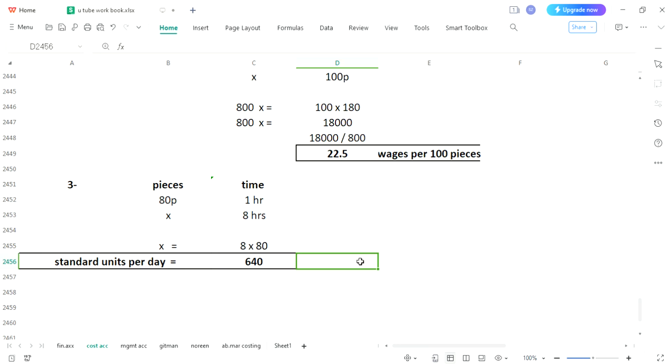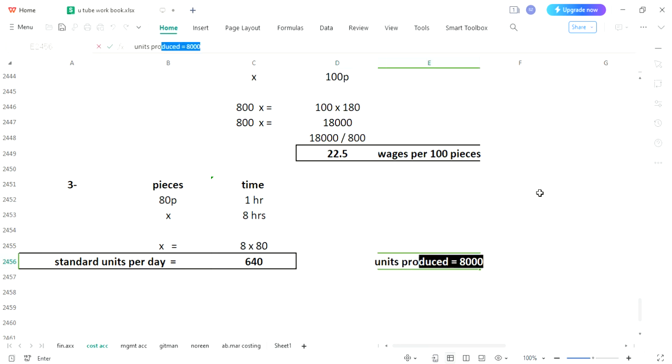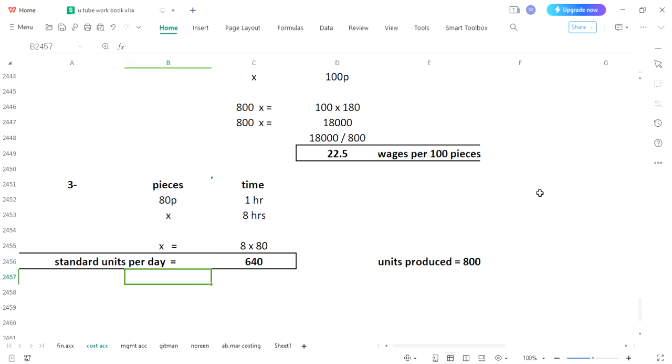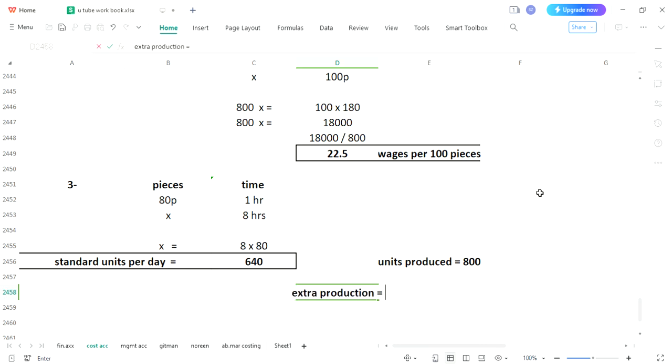We can mention over here units produced 800, while he was asked to produce only 640. It means extra units have been produced. So from here we can calculate extra production. And how would we calculate?